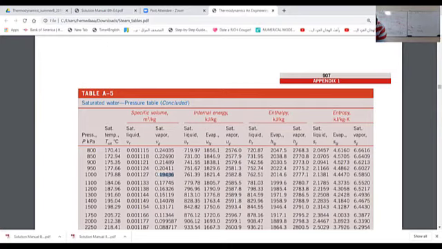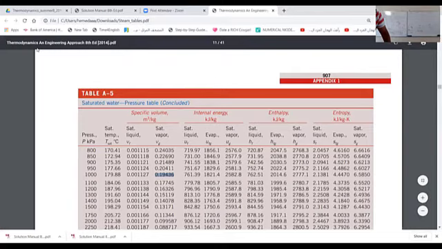This is called the volume if this is exactly vapor. So if you have this, this is almost 179.88. We have here 200. So you have here, I'm going to stop sharing.